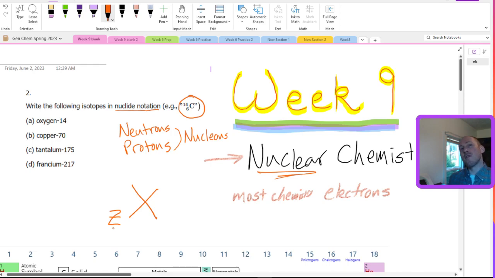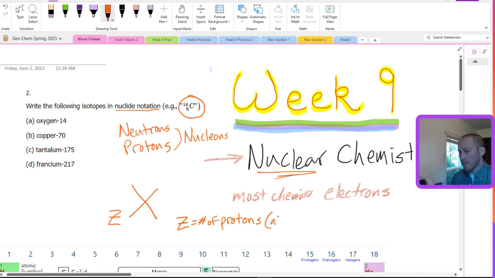Z is the number of protons in the nucleus. Z also, since each proton has a charge of 1, is the positive charge of that nucleus.